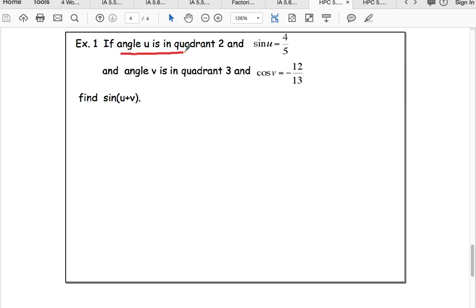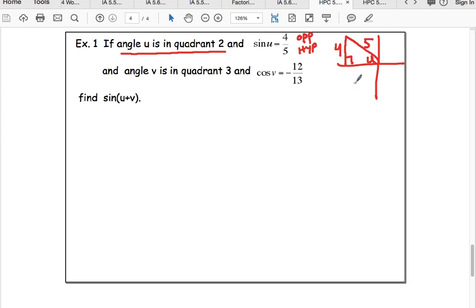So here it says angle U is in quadrant 2. Draw a picture of a triangle in quadrant 2, and this is angle U, so label it U. We're told sine of U is 4/5. Sine is opposite over hypotenuse. So I know that this opposite side is a 4 and the hypotenuse is a 5.